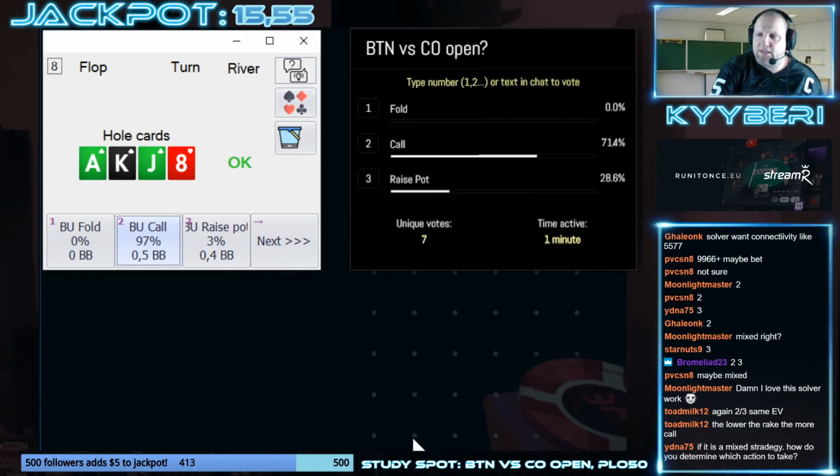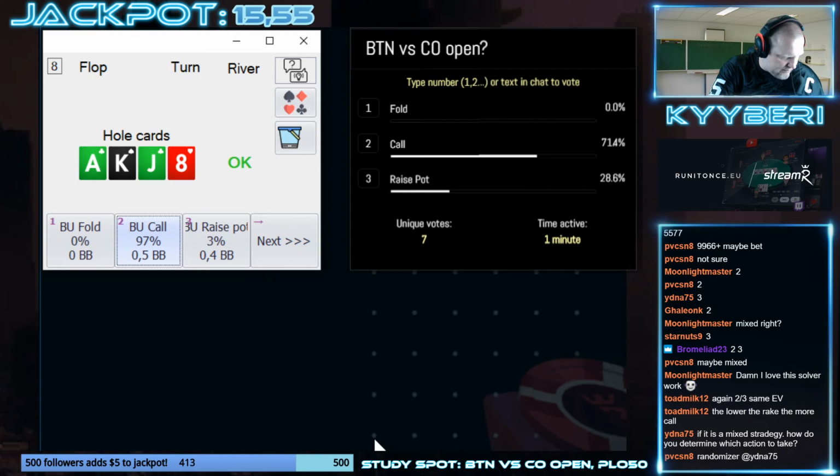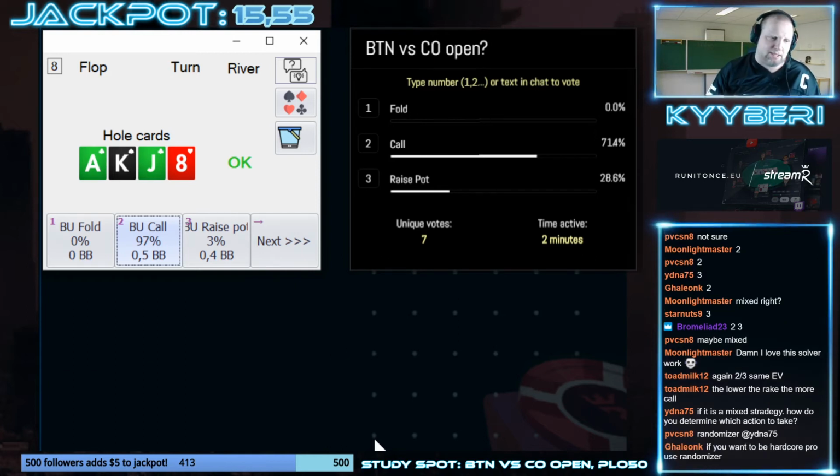And Utna is asking, if it's a mixed strategy, how do you determine which action to take? If there's 2 answers, it depends whether you want to be really balanced, you play in really tough games, or whether you play on small stakes and you don't care about balance. And if you're a hardcore pro, you can use the side cards as randomizers. You don't have to remember every hand, every threshold.